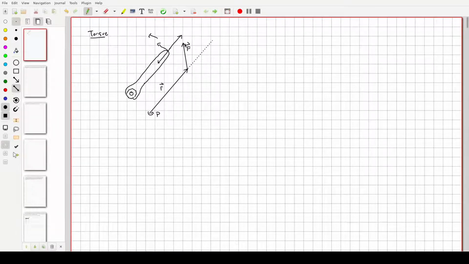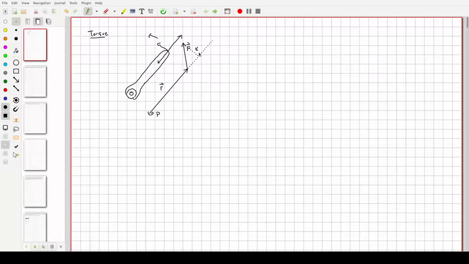What we want is this part of the force right here. It's this part of the force that's responsible for making this thing rotate. So you think about breaking it up into components. You have a component that's along the handle, and as we saw, exerting forces along the handle doesn't cause any rotation at all.